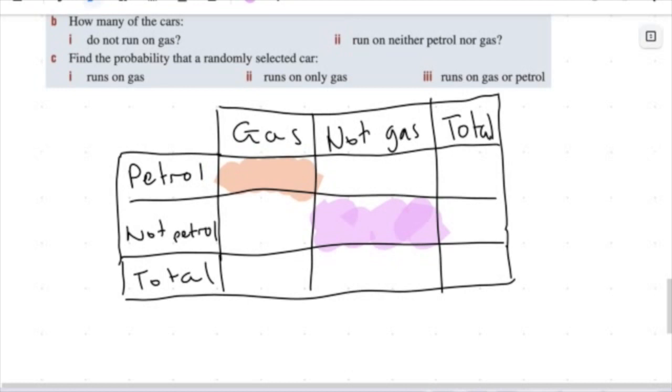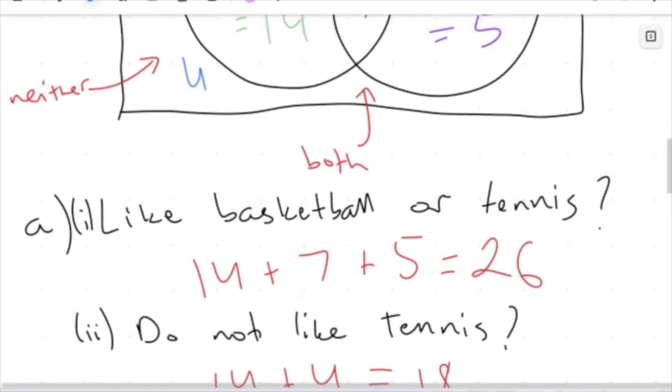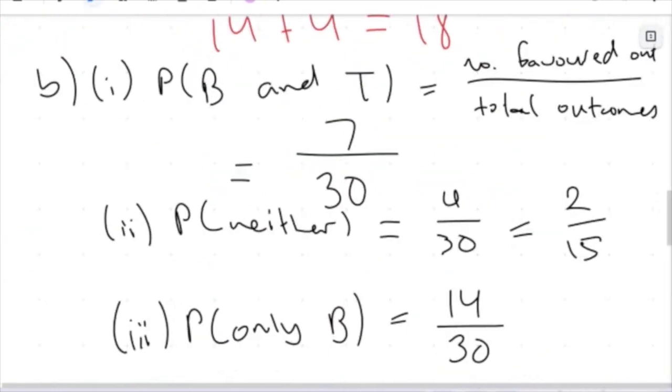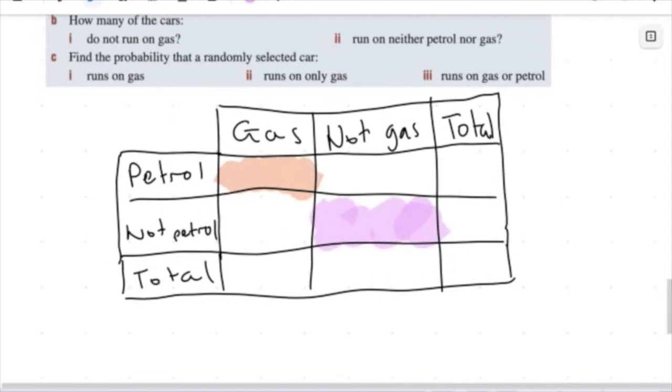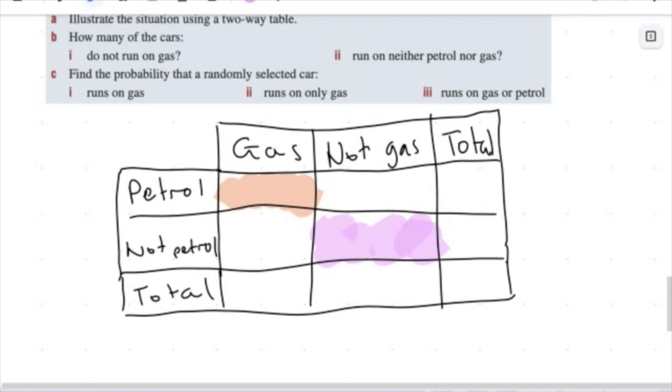This orange section here is like the overlap in the middle. And the people that don't have gas or don't have petrol, that is going to be the neither section, drawn here in pink. So we can already start thinking about how many we have here.